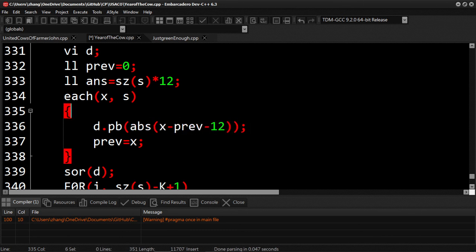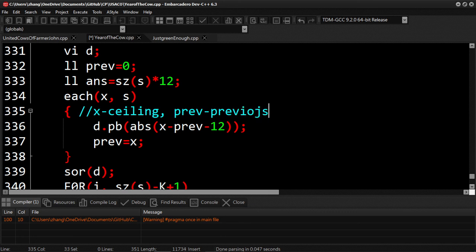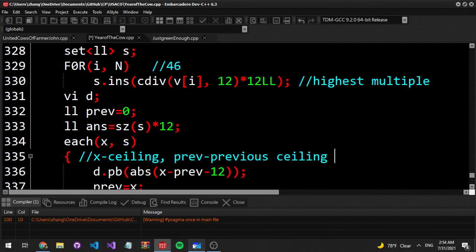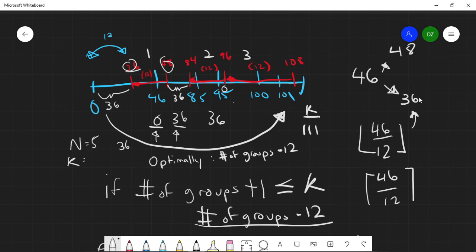This is a little kind of messy, but it just helps because x would be the ceiling, or the lowest multiple that's greater than the value, and then the previous. So previous is the previous ceiling. And so x minus 12 would be the actual lowest, which would be 36, because 48 minus 12 is 36. So x minus 12 would be the floor, basically.